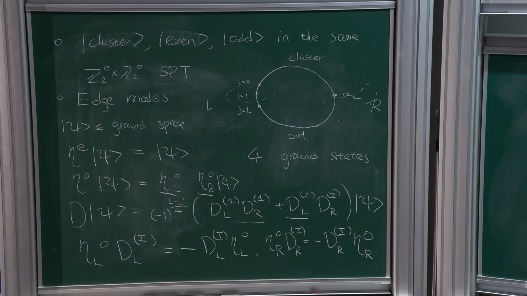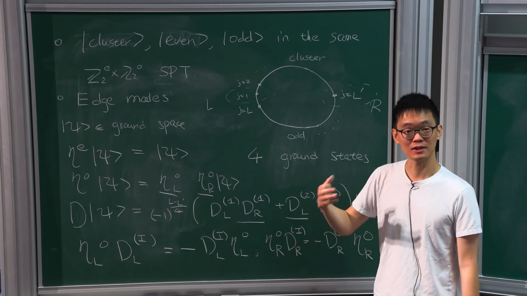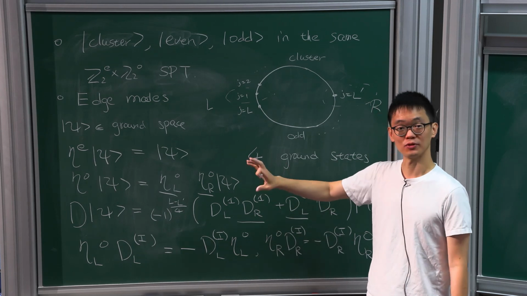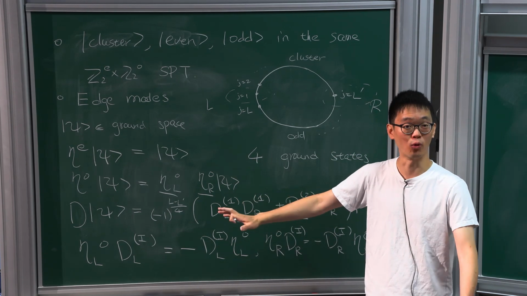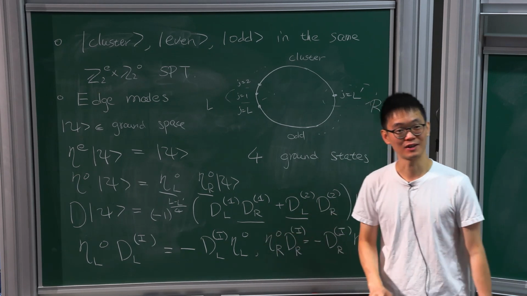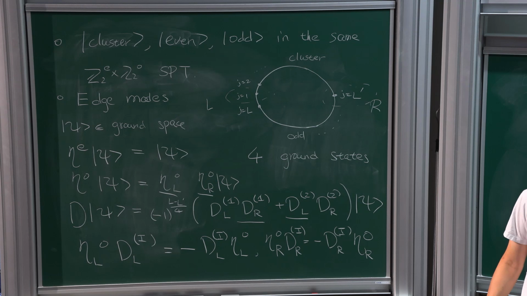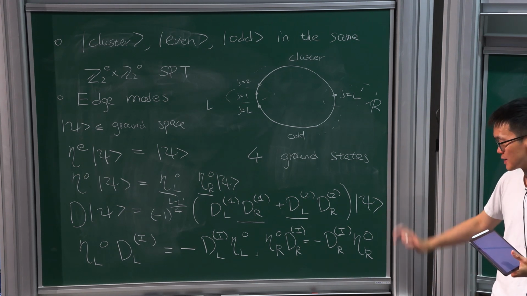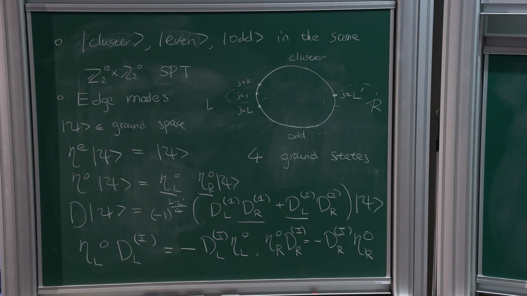Because you have a four-dimensional ground space, it should be a consequence of some global symmetries satisfying AB equals minus BA. You shouldn't have more. So only these two commute with the Hamiltonian. That's a good question. I don't really know the conceptual reason behind it, but this is the only consistent outcome that's possible. The other two are a little bit auxiliary for some reason.